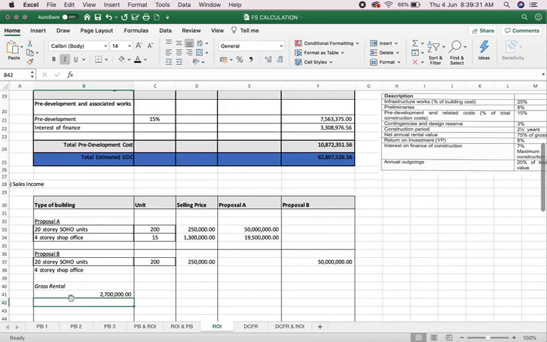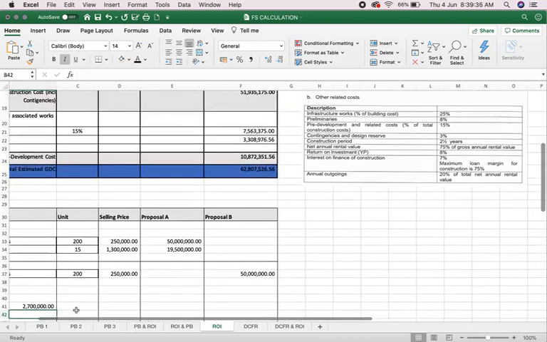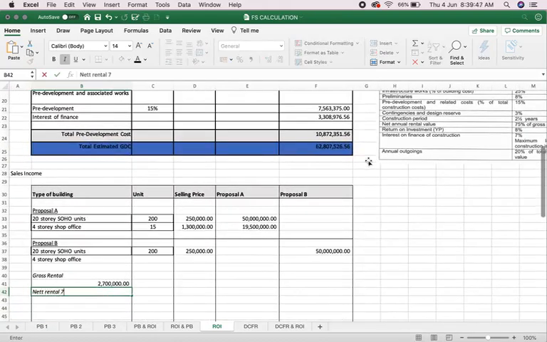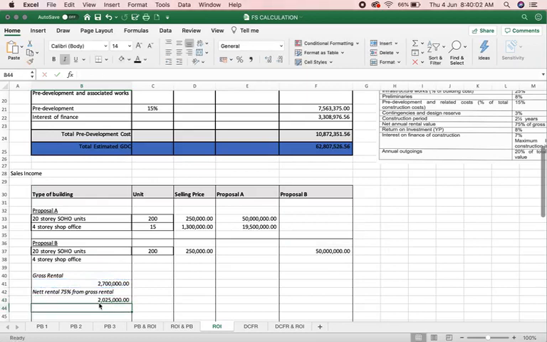So you will get a gross rental of 2.7 million. Now the net annual rental is 75% of the gross annual rental, so it is equivalent to 2.7 times 75%. So you will get 2.05.